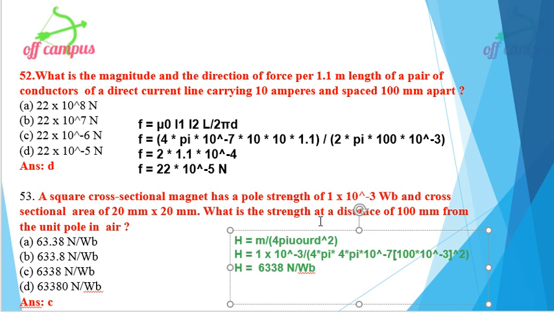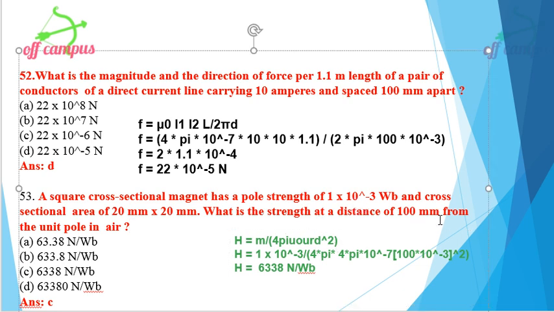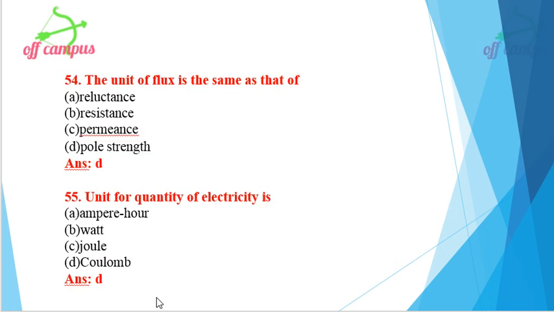Then d squared. What is the distance? 100 millimeter, converted into meter, 100 into 10 power minus 3, whole squared. This is the formula, m divided by 4 pi into mu naught mu r d squared. By simplifying we will get 6338 Newton per Weber. Option C, 6338 Newton per Weber. We will move on to the next one.